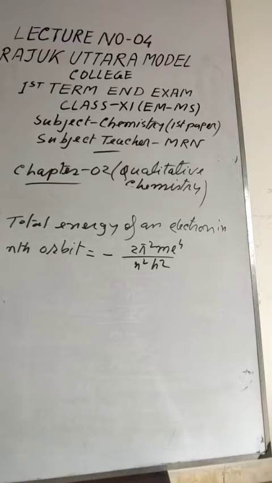So the total energy of an electron in the first orbit of hydrogen.